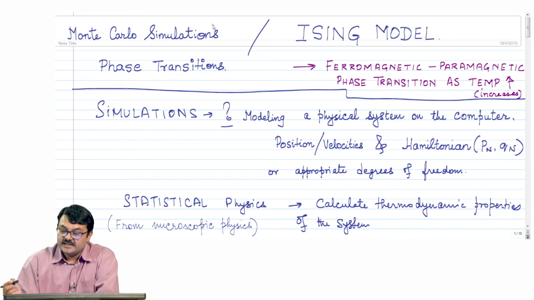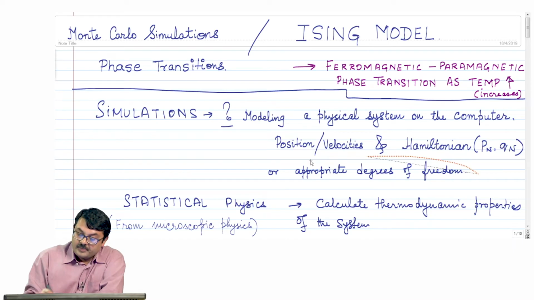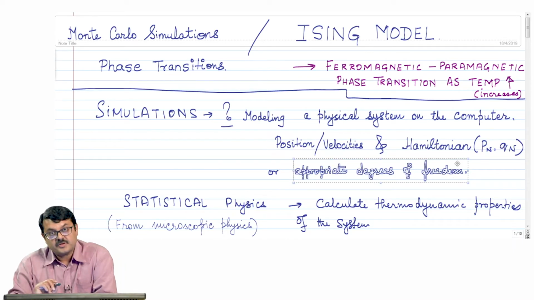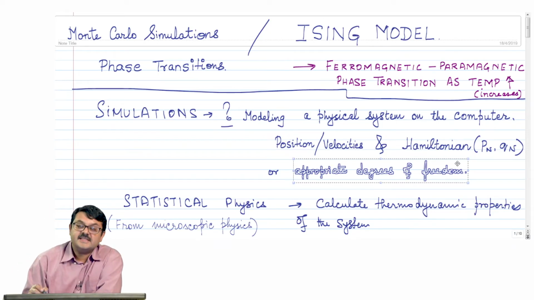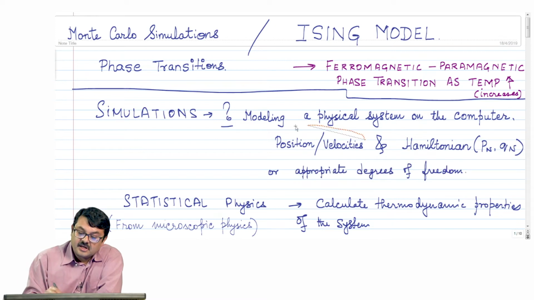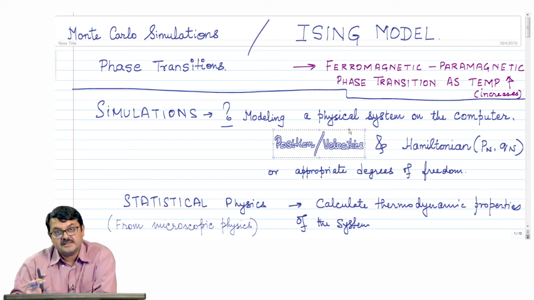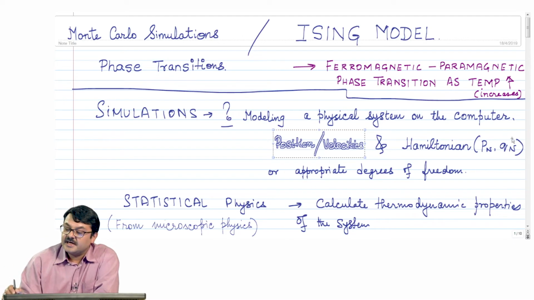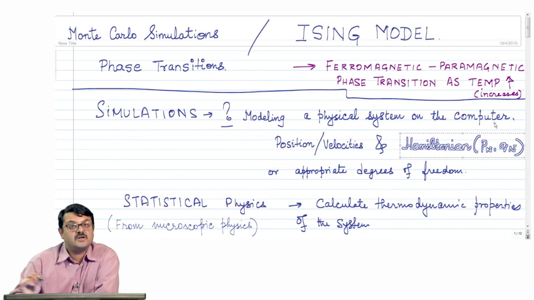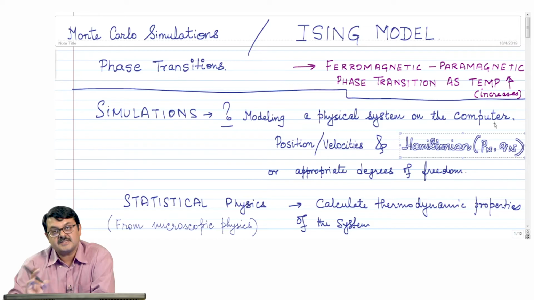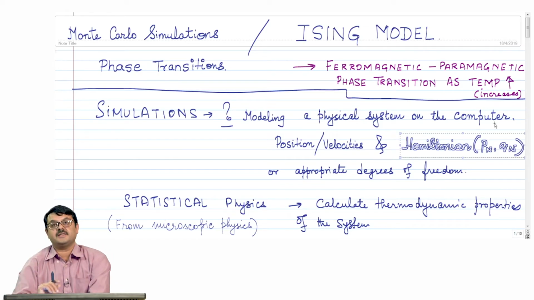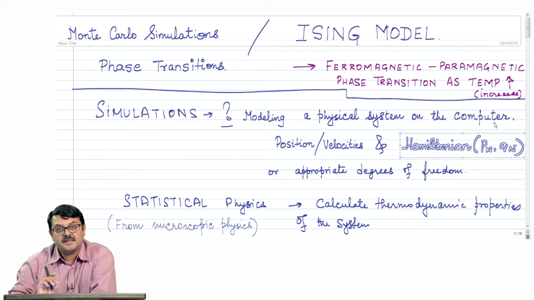For that, one needs the appropriate degrees of freedom. Now, suppose you are going to model the liquid gas transition, then you need to define the position and velocity of n particles in a simulation box. Of course, I shall discuss all these in further detail. You give the effective interaction energy or the Hamiltonian of interaction between the different particles of the box, and then these particles interact via this Hamiltonian and move around in space.